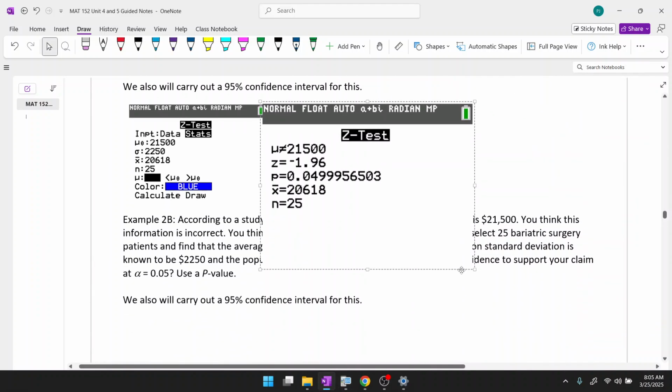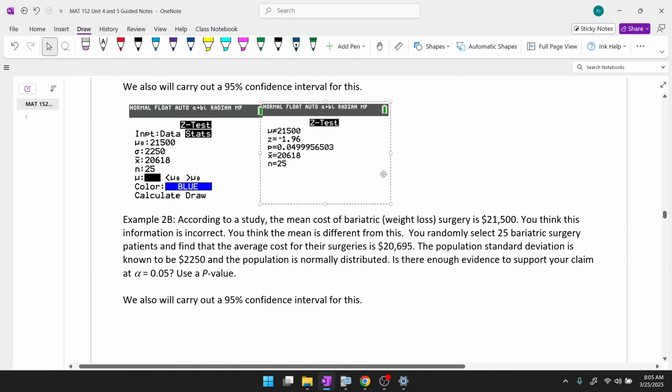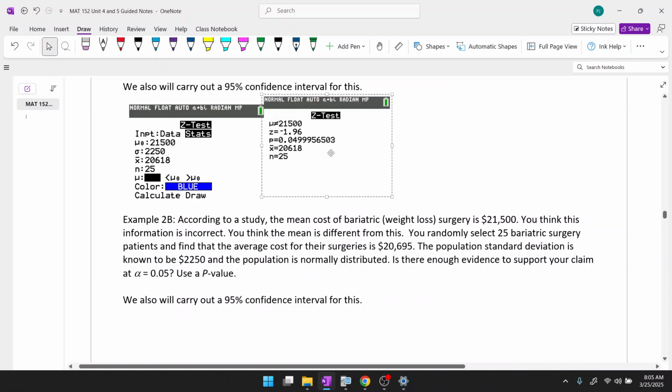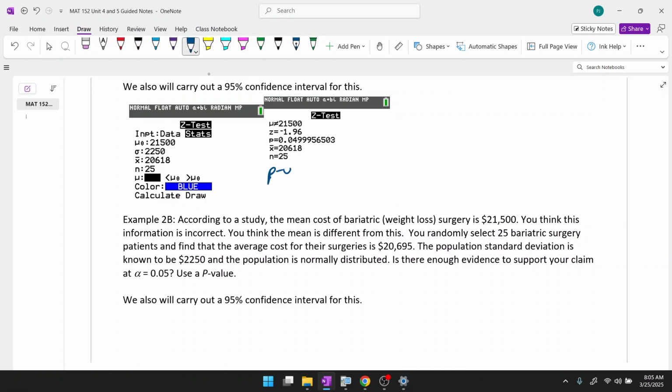And as you probably could have expected, this p-value, yeah, technically it's a little lower, but the p-value is exactly 0.05. I mean, come on, if you were writing this out, you would see that. Excuse me.